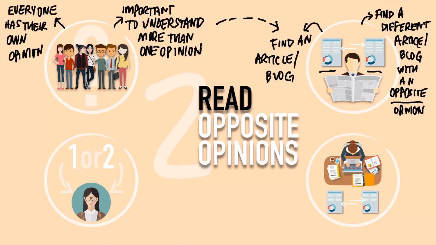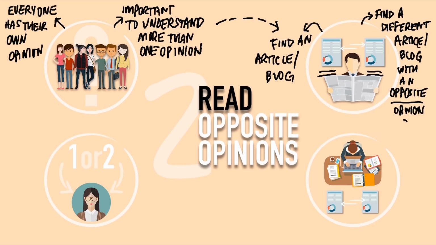This is the key. So, for example, if this article said that apples are the best fruit, you need to find a separate article that says that pears are the best fruit, okay? This is what you need to think about. Find an article with the opposite opinion, okay?